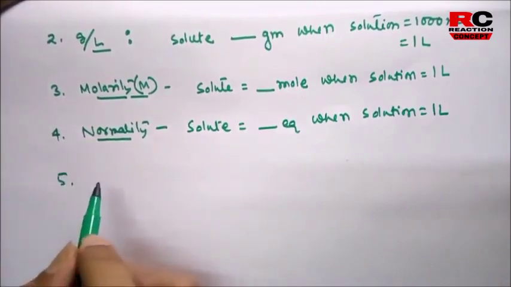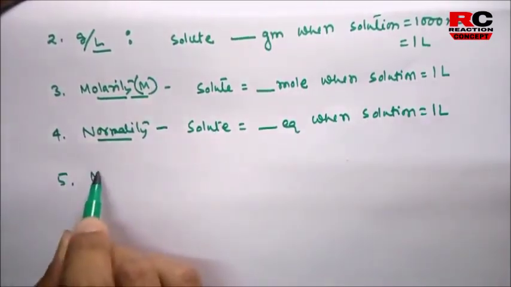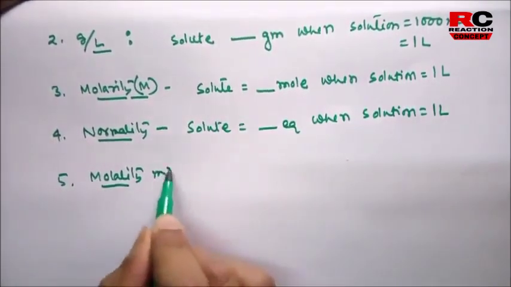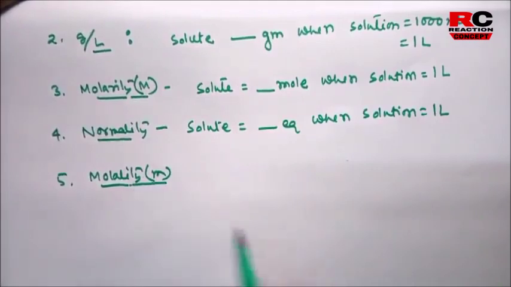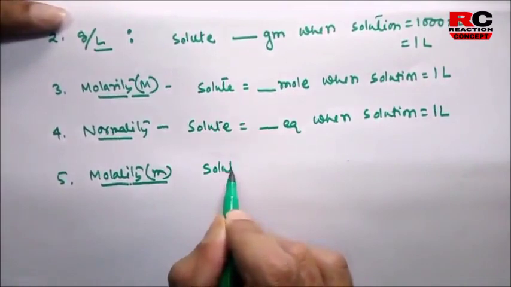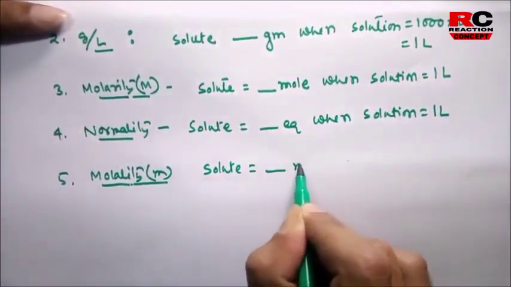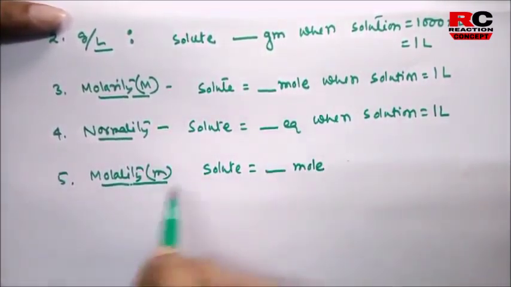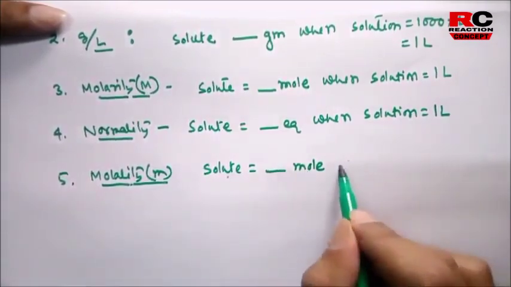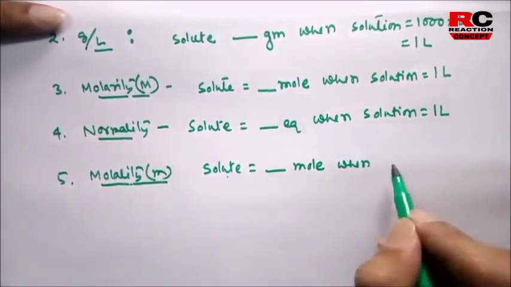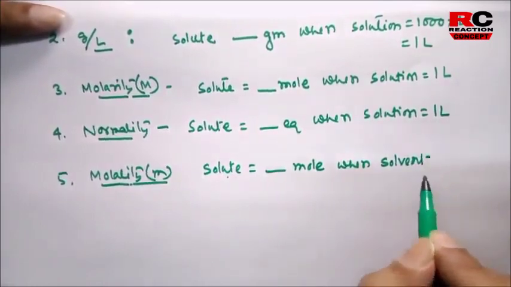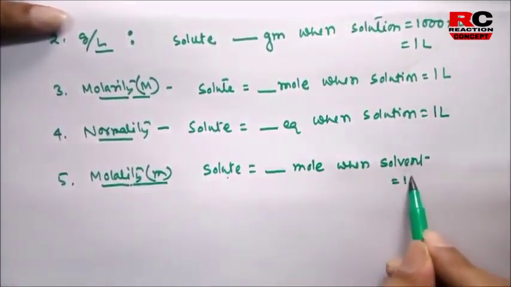Number 5, it is molality. This is something peculiar. Okay, so it is the amount of solute which is expressed in terms of moles, where the amount of solvent is 1000 gram.